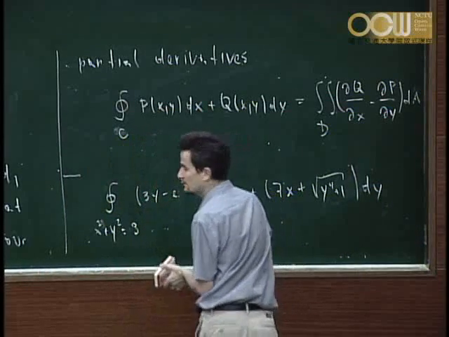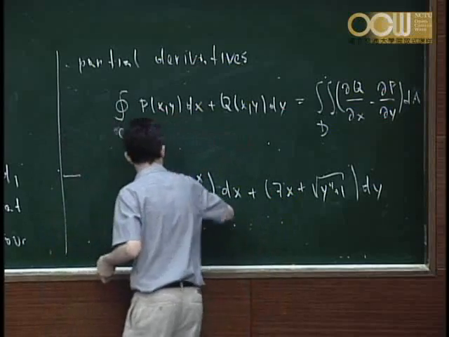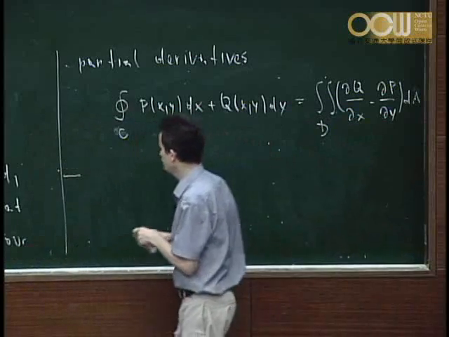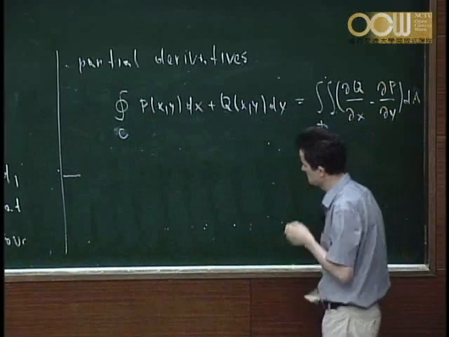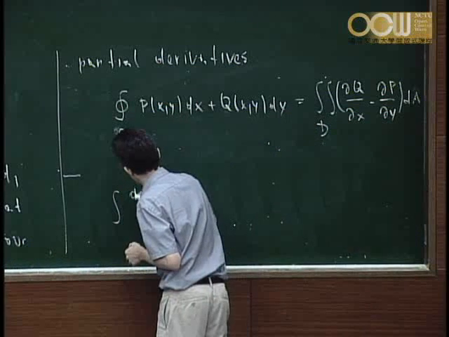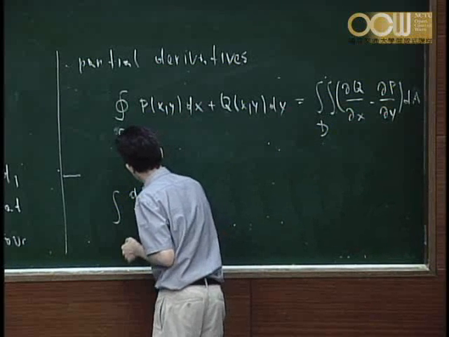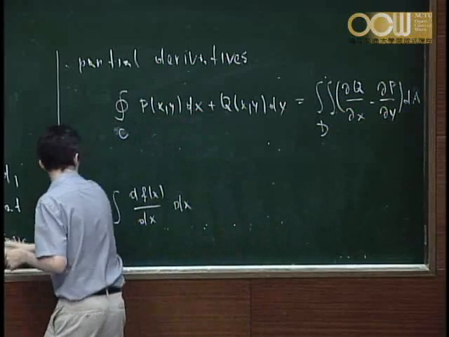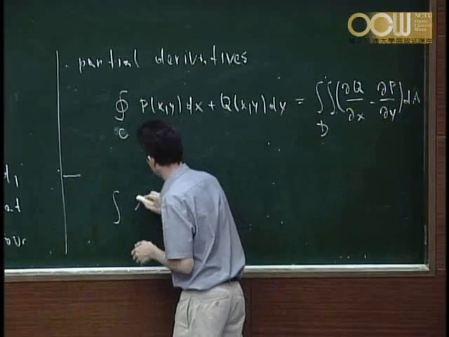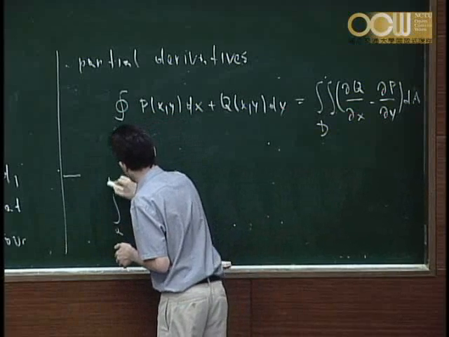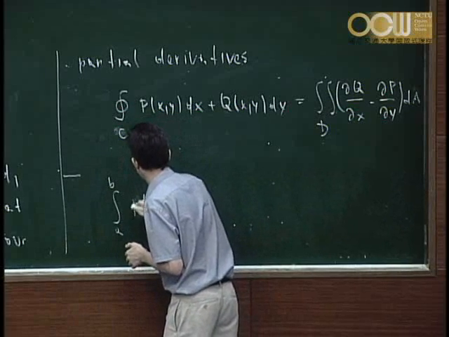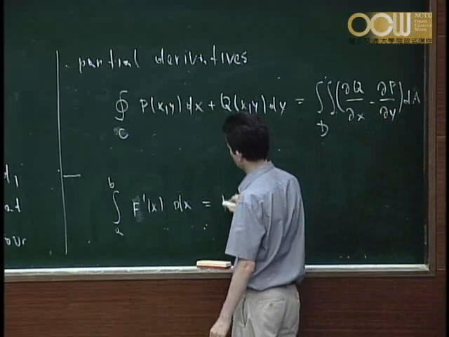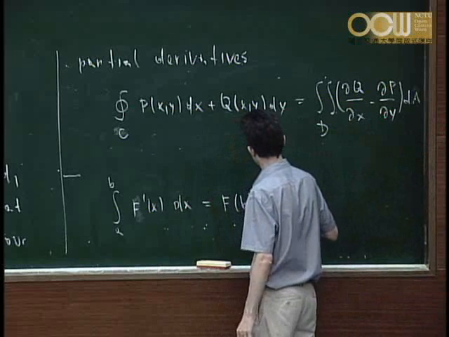How to see this? If you look at one version, one version of the fundamental theorem of calculus tells you that this is given by f of b minus f of a.